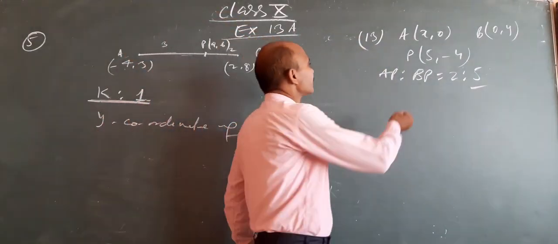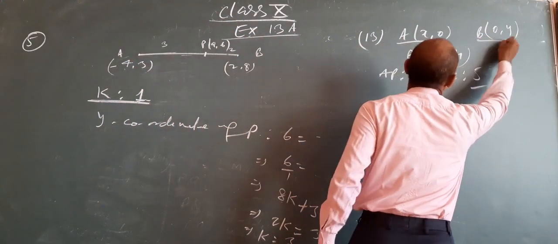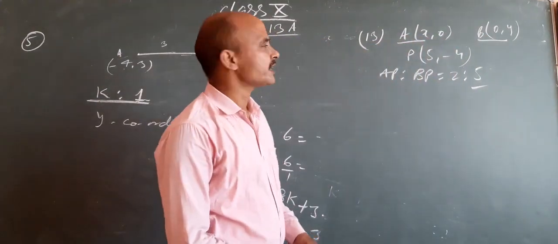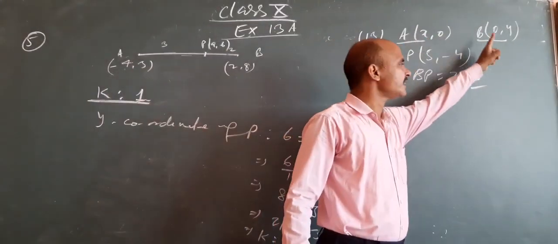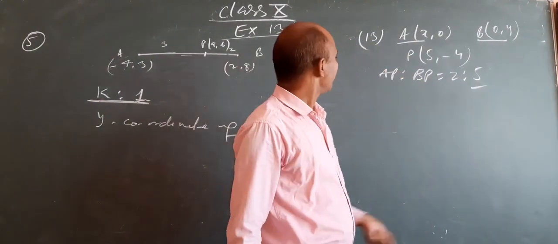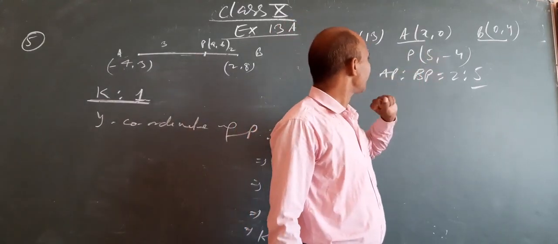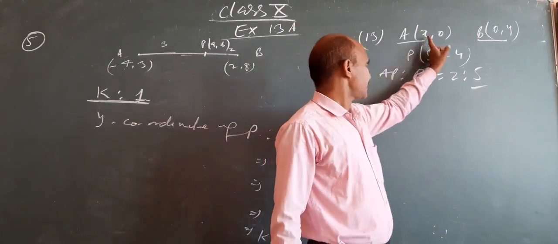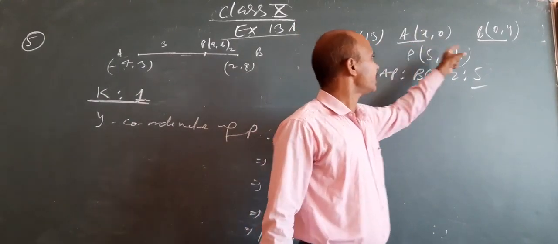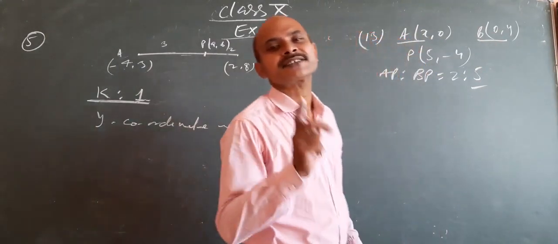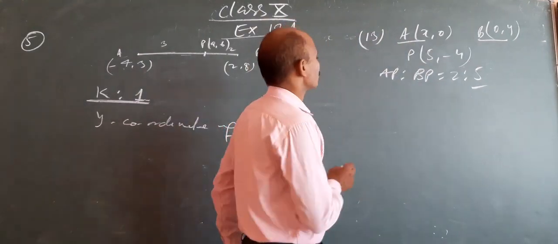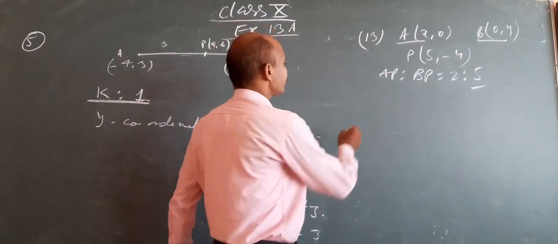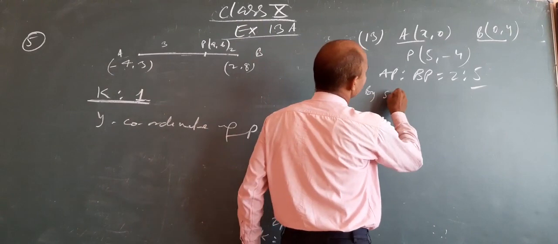We have to find the coordinates of A and B, which means we have to find the value of x and y. Coordinates of P are given. Ratio is also given. We find the x coordinate of A and y coordinate of B using the section formula.